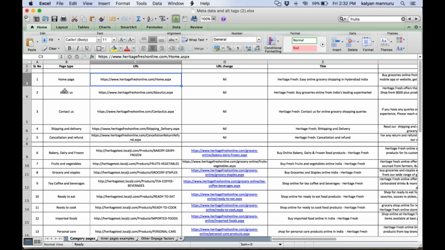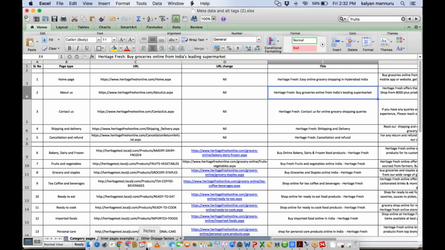This is the suggested URL structure. These are all basic regular pages: home page, about us page, contact us page. Correct? If you look at the about us page, instead of just naming it about us, let us see what other competitors have done for this particular page.